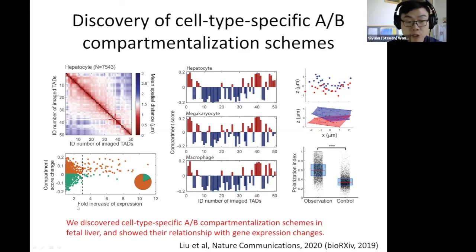So this seems to show that the AB compartmentalization schemes do differ in a cell type specific manner in fetal liver. The AB compartment score is associated with gene expression, but it's not solely determining gene expression.